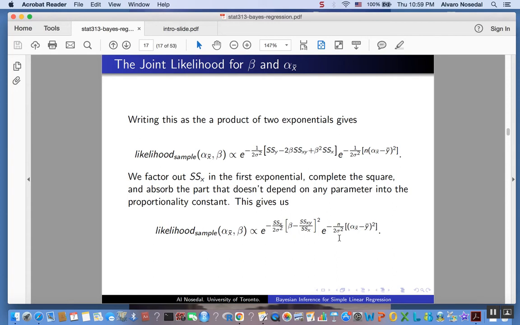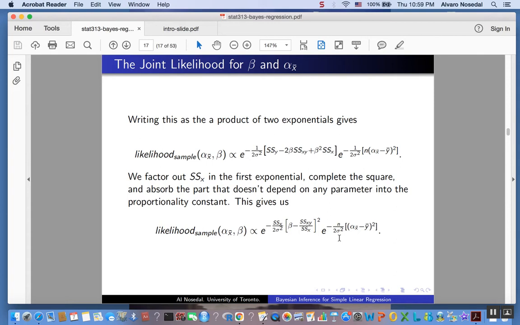The other ingredient that we're going to need is the prior, and then we know that Bayes' theorem and the Bayesian approach could be summarized like this. Posterior distribution is proportional to prior times likelihood.